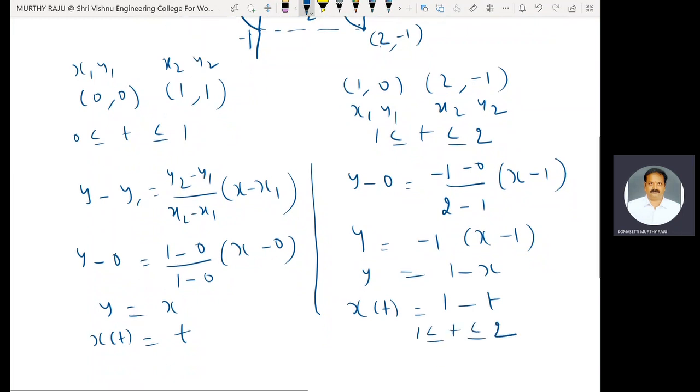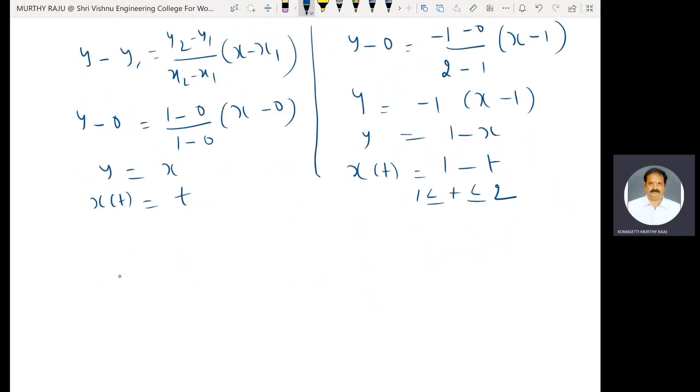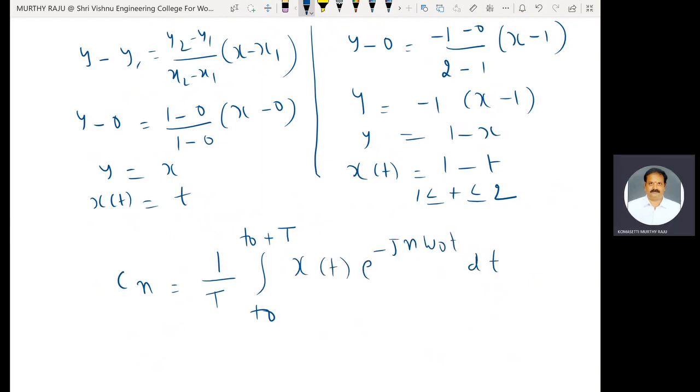Now calculate the Fourier series expansion coefficient. Cn, the complex exponential Fourier series coefficient, is 1 by T integral from t naught to t naught plus capital T of x of t e power minus j n omega naught t dt.